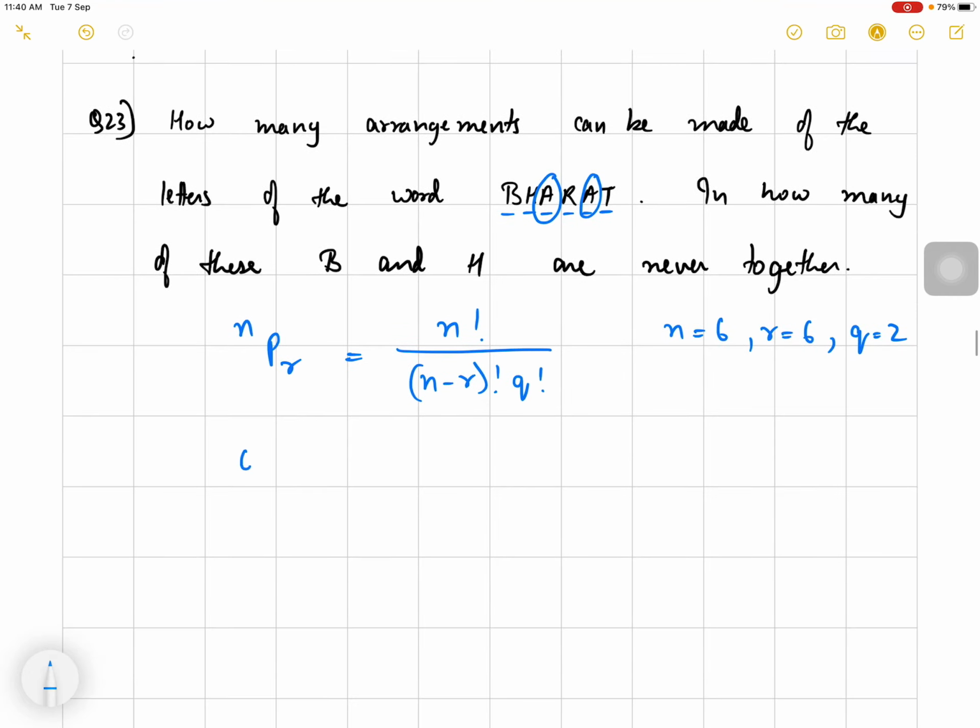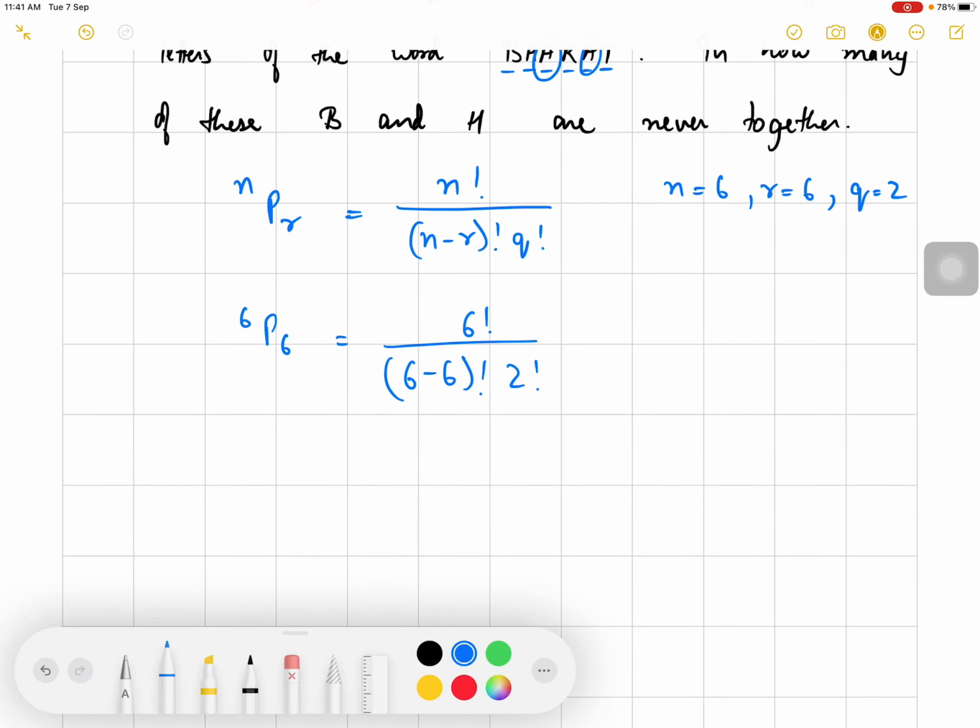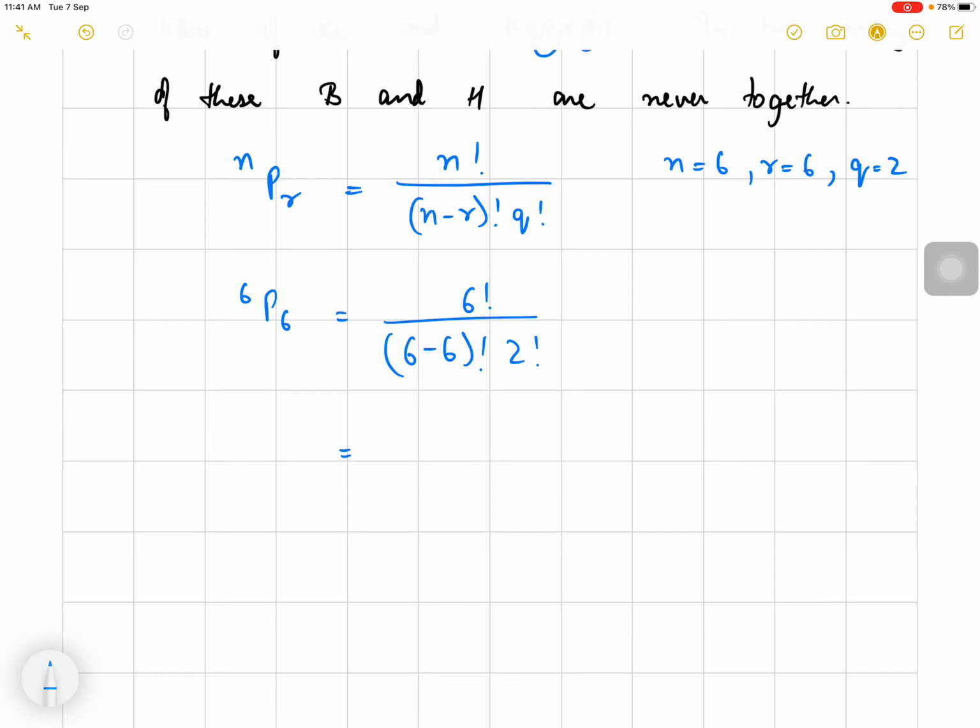So 6P6 is equal to 6 factorial divided by 6 minus 6 factorial into 2 factorial. I can write this as 6 into 5 into 4 into 3 into 2 into 1, divided by 0 factorial multiplied by 2 factorial. 2 factorial is 2, 0 factorial is 1, and the 2 I can cut, because 2 factorial is 2 into 1, which is 2. So what is remaining in the numerator? 6 into 5 into 4 into 3.